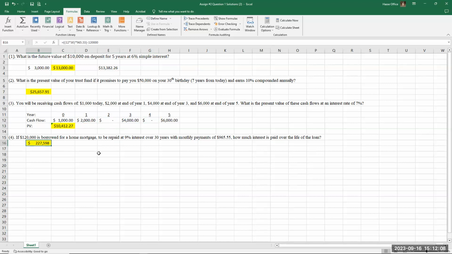And then finally, the fourth question, if I borrowed $120,000 for a home mortgage at 9% over 30 years, with monthly payments of $965.55, how much interest is paid over that life? Well, very simply, if you take the monthly payment, $965.55, and multiply it times 30 years at 12 payments a year, which is 360, you get $347,598.